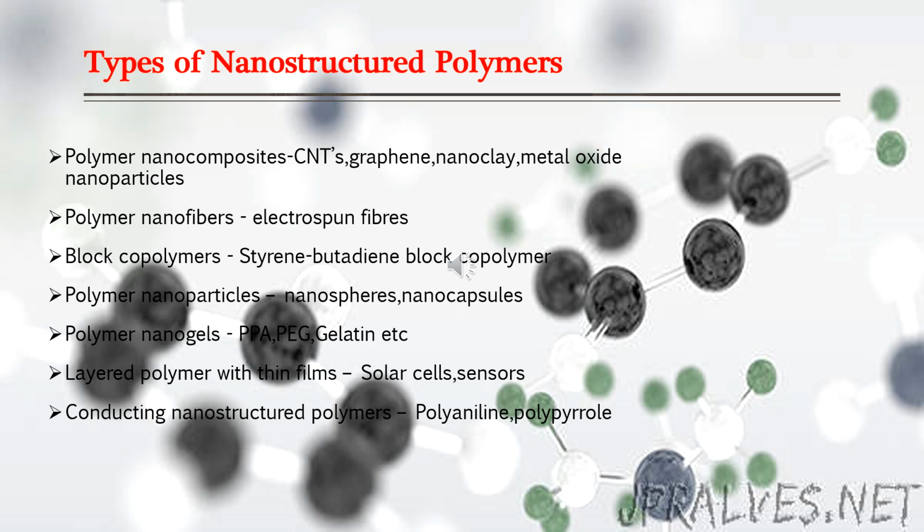Block copolymers consist of two or more chemically different polymer blocks joined together. Due to incompatibility, they self-assemble into nanoscale patterns. Examples are cylinders, spheres, etc. And the fourth one is polymer nanoparticles.